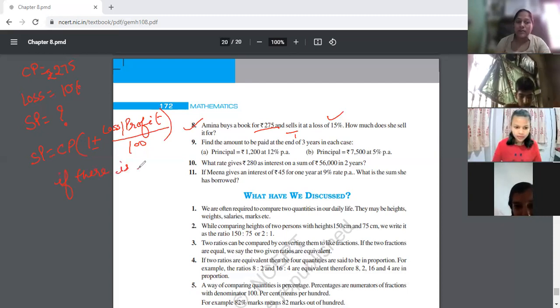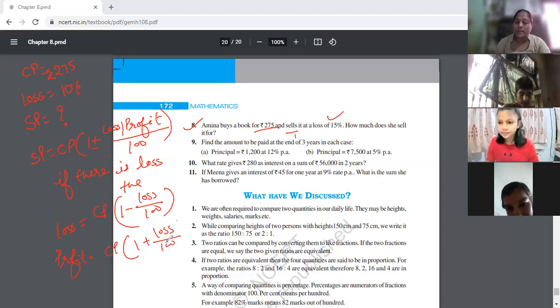If there is loss, then CP into 1 minus loss upon 100. If there is profit, then CP into 1 plus profit upon 100.